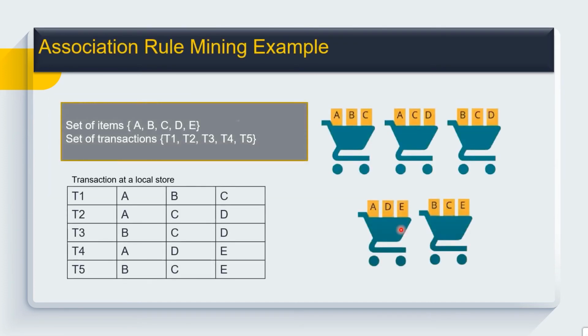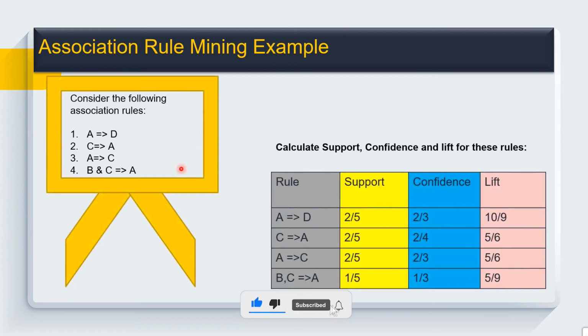So let's take an example of association rule mining and understand how exactly it works. Let's suppose we have a set of items A, B, C, D and E, and we have a set of transactions which are T1, T2, T3, T4 and T5. And what we need to do is create some rules.